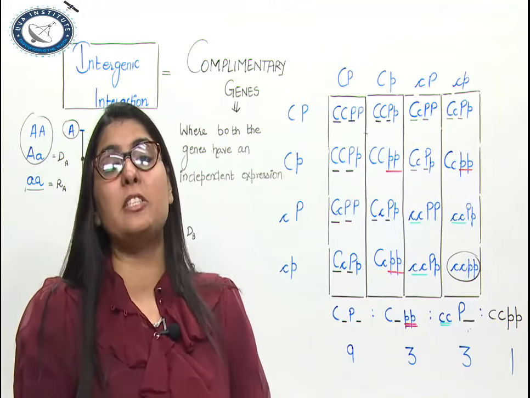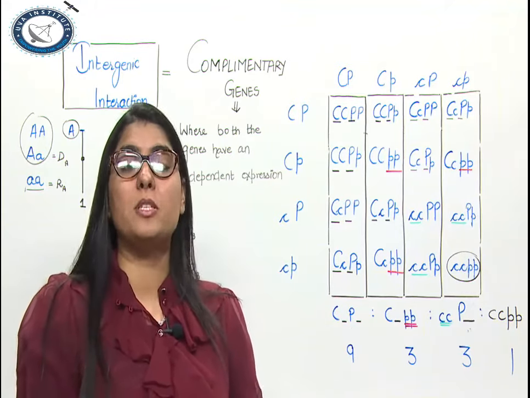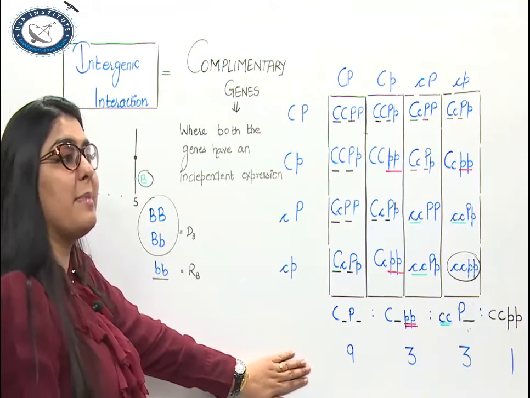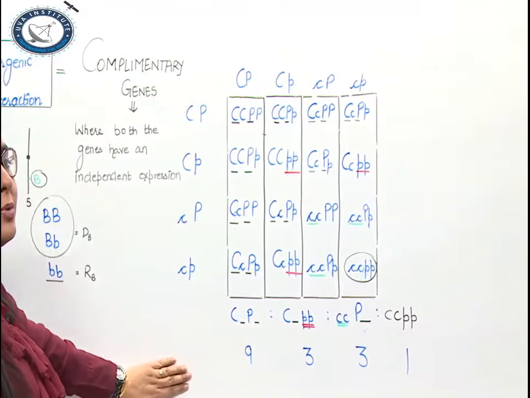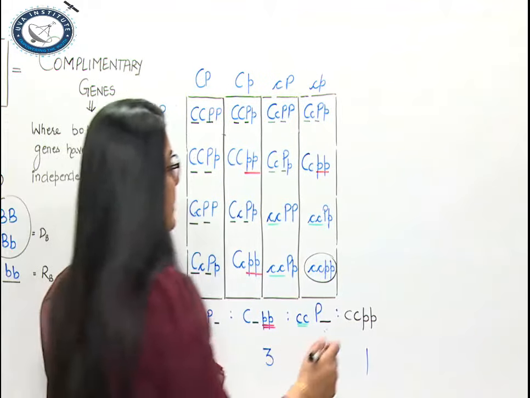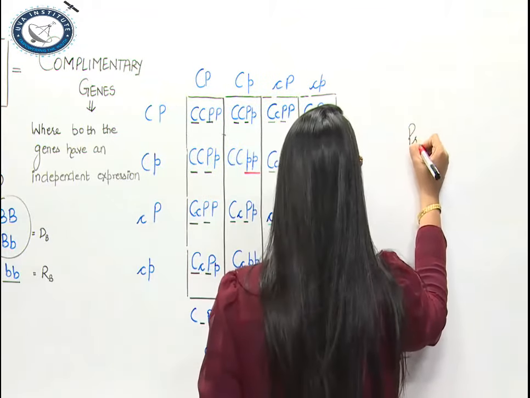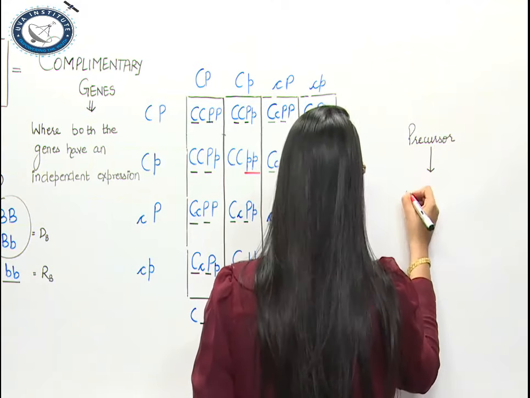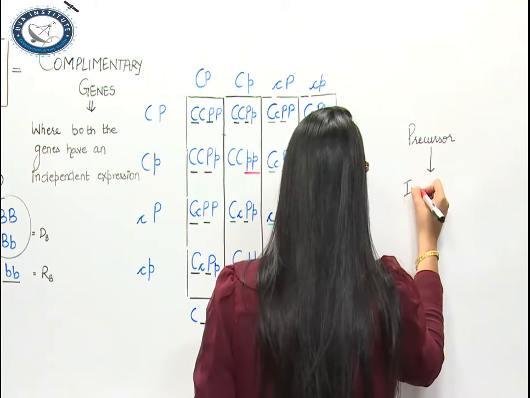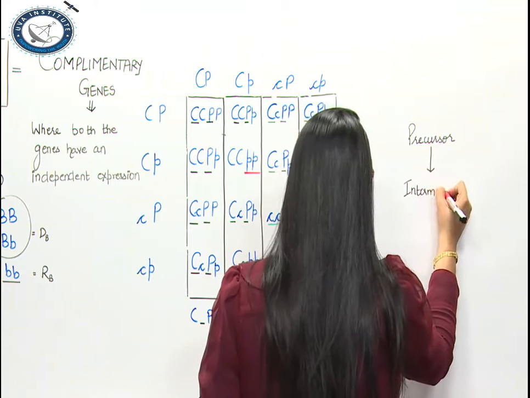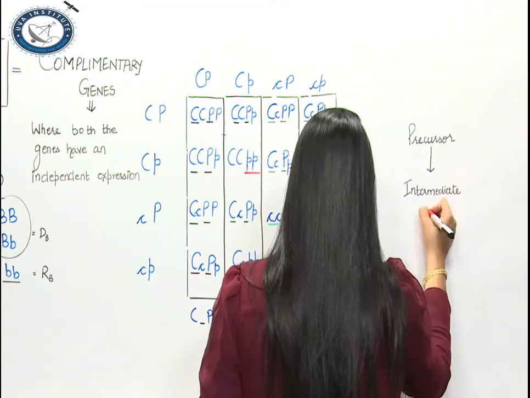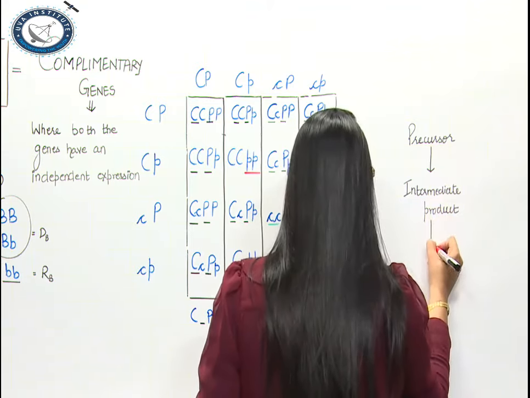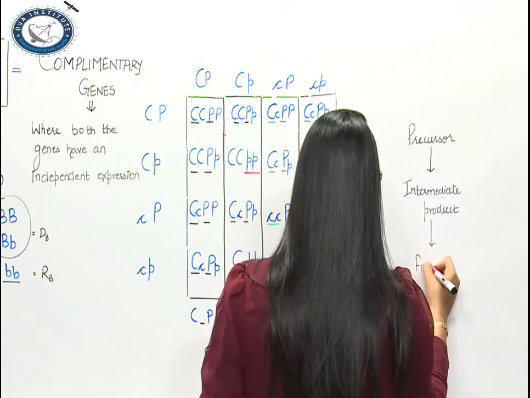We can explain such an effect with respect to certain metabolic reactions in our body, which are produced in a stepwise process. We have a precursor which is acted upon by an enzyme to produce an intermediate product, which is further acted upon by an enzyme to produce the final product.